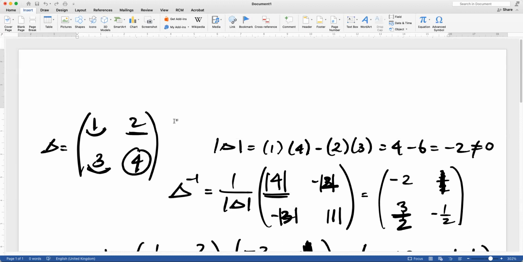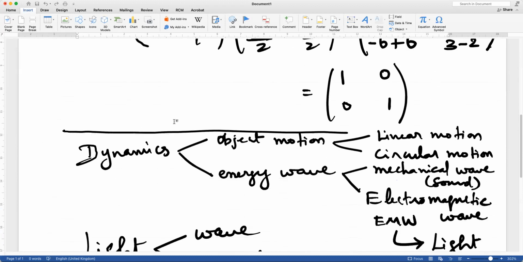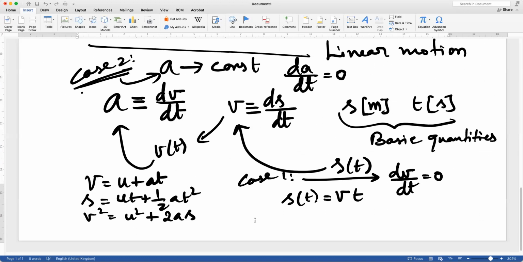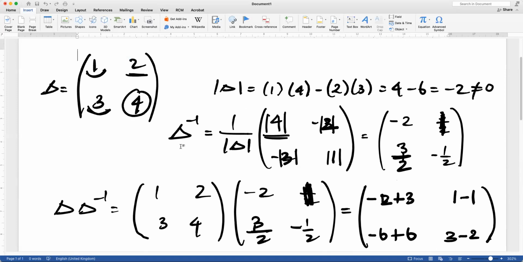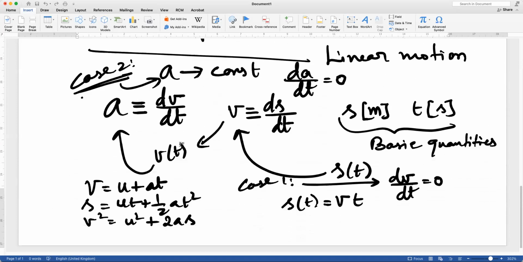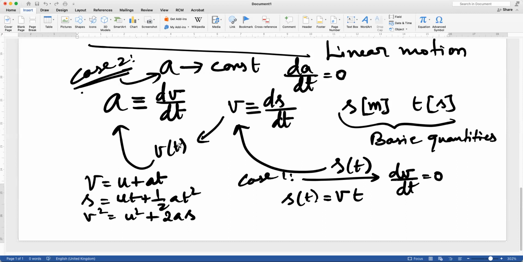Okay. We need to think a bit what to do. If I insert a page break, this will keep on going like this. No. I want to insert a page that should go here.